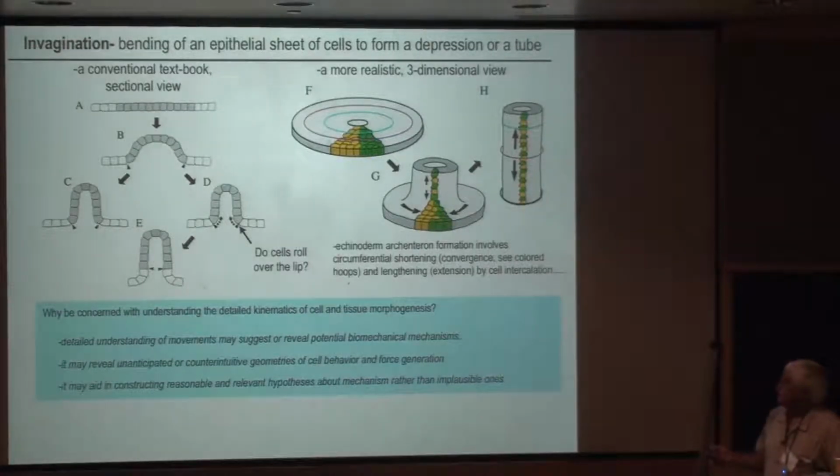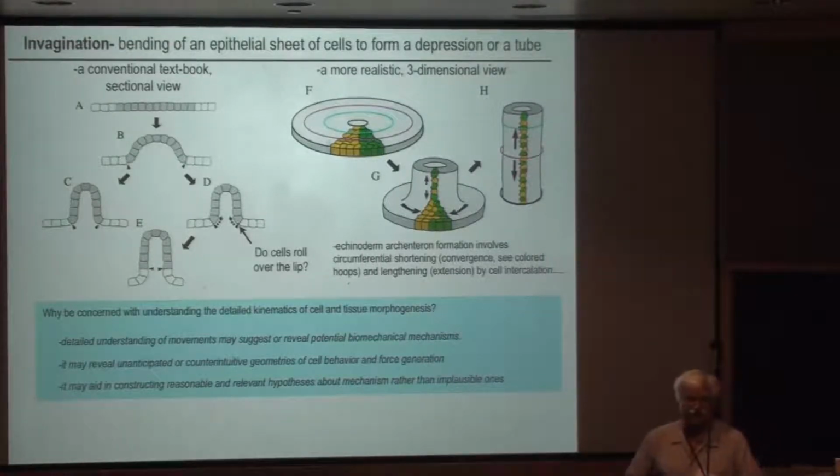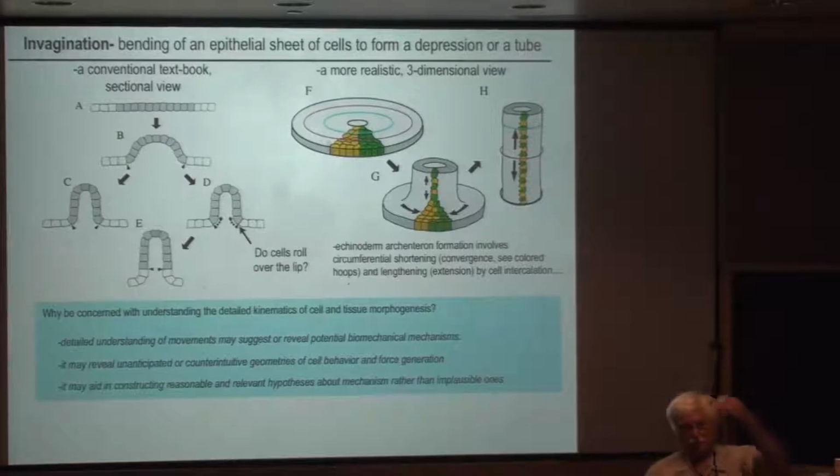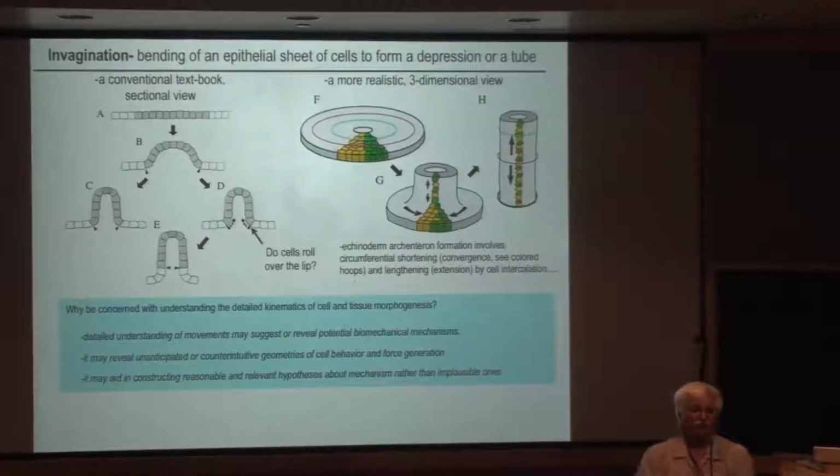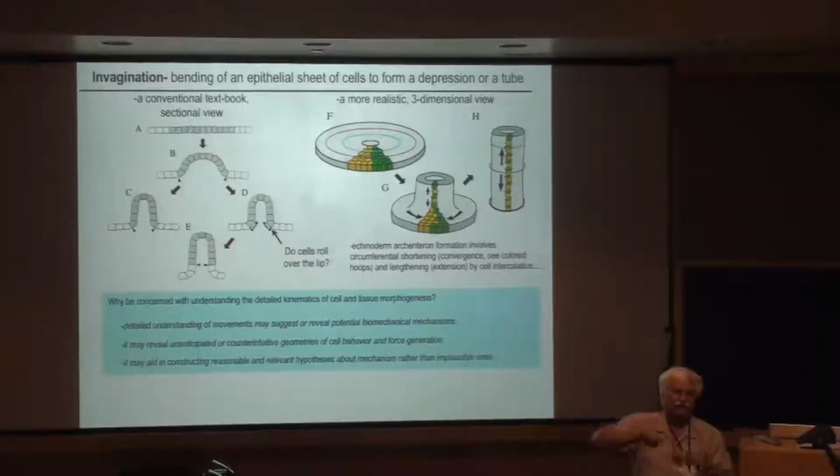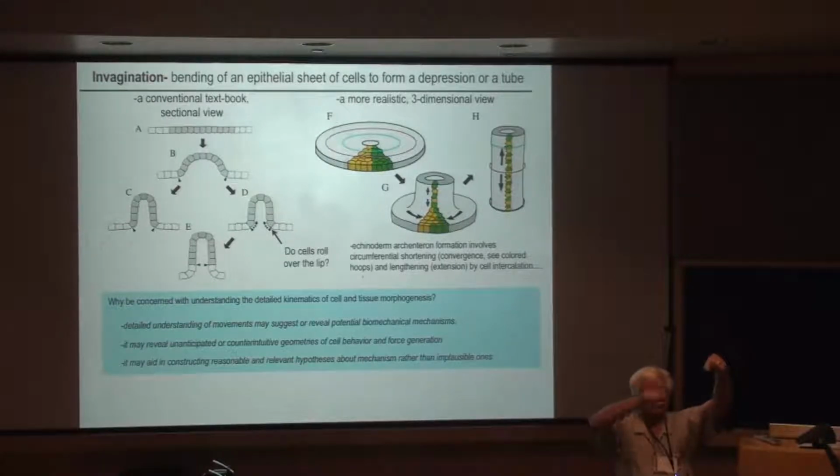This is an example. This is a really delusional aspect of the way invaginations are usually presented to students, as if this is actually what happens in most invaginations. It's a disc, and it goes into a cylinder. The demo that I usually do for my students, after they think this is a good way to look at it, is I take a piece of paper and push my finger up through it and fold it down, and I draw a ring around it, and then I unfold it and show them where the marks are.